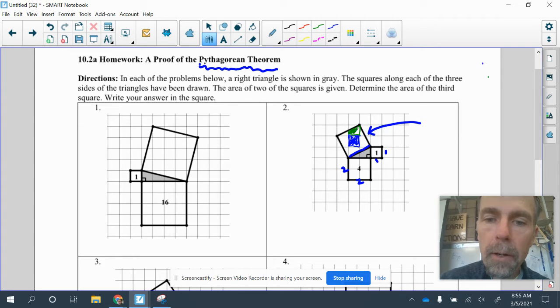But do you guys see this little piece right here? If I took that and flipped it, rotated it around and put it right here, you see how that would fit right there? So that makes another 1. So I've got this one and this one now.